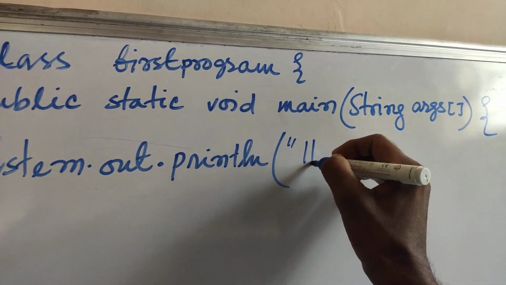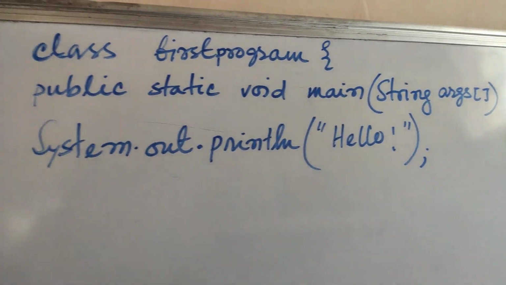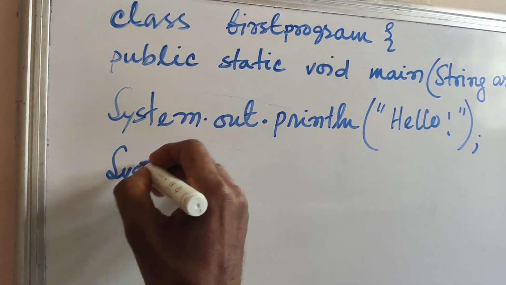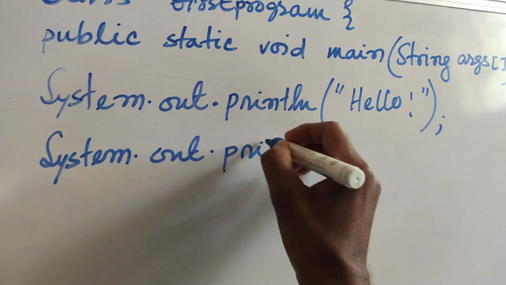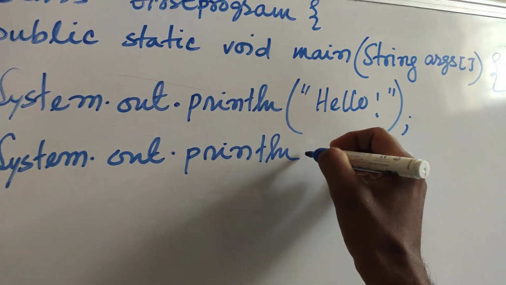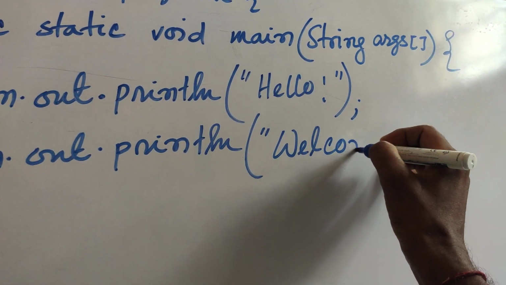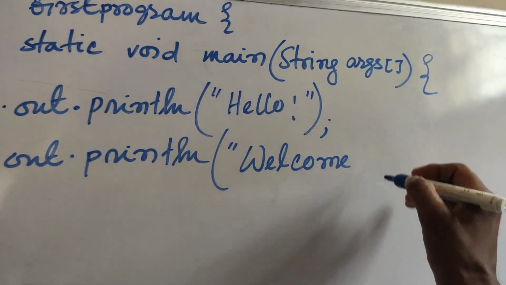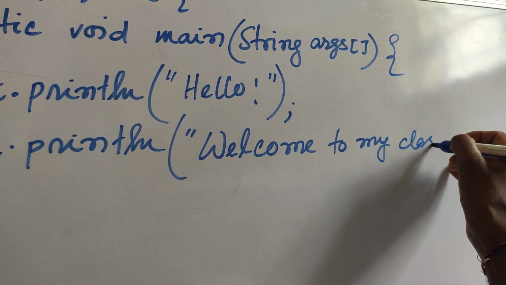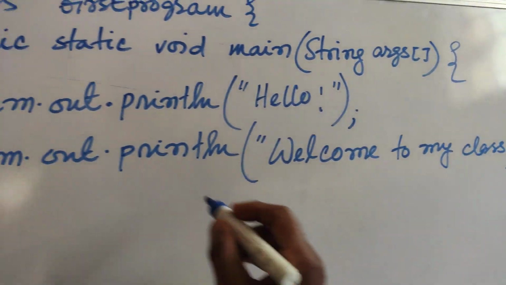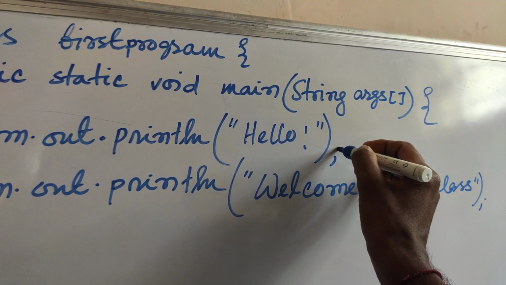I'm writing hello. System.out.println, welcome to my class. See, after writing any information, you have to give the semicolon.